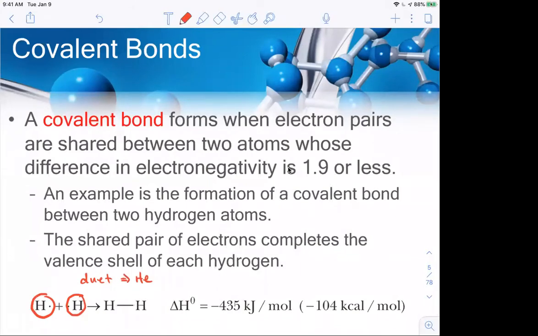That's one of the rules of bonding. For hydrogen, because it's a row one element, a period one element, one additional electron is going to complete the valence shell, which is the driving force for this reaction to occur. This negative sign means this is very exothermic, which means this formation of this bond is actually very favorable.